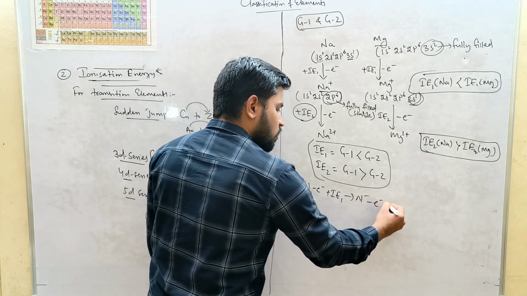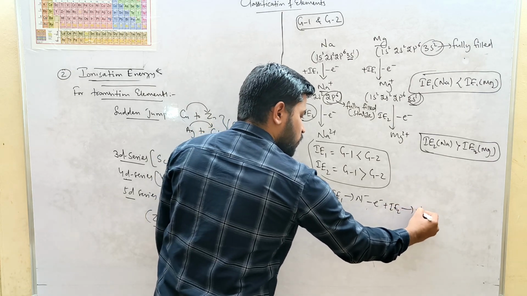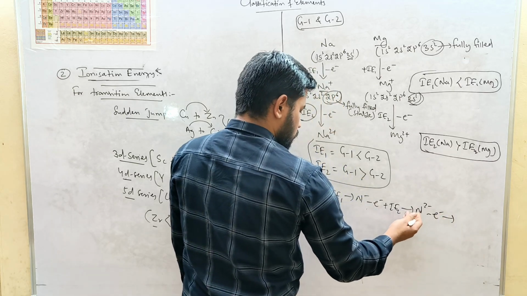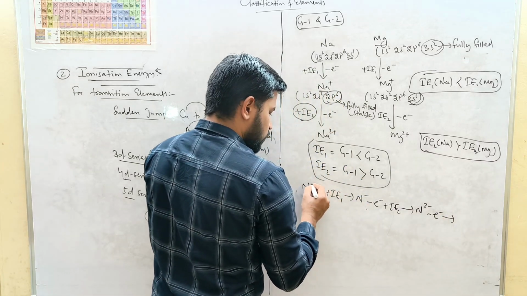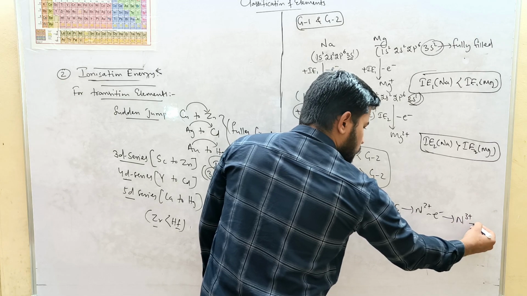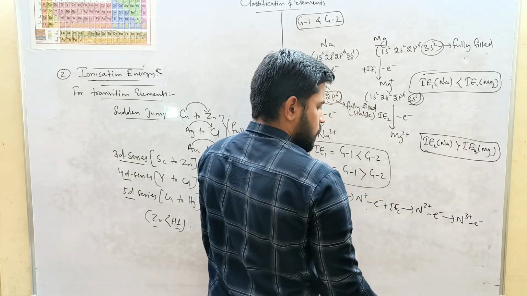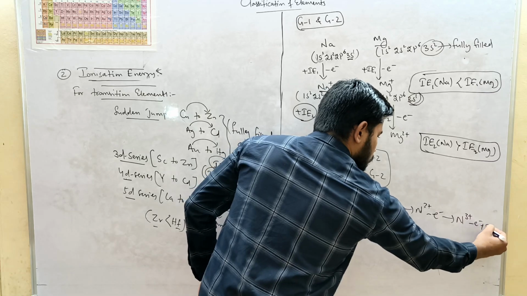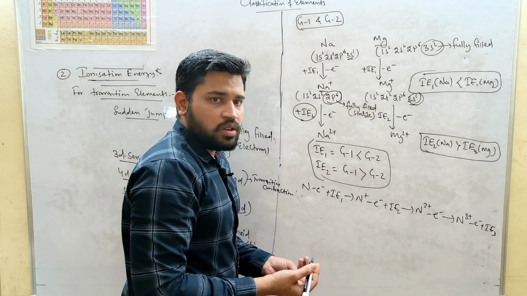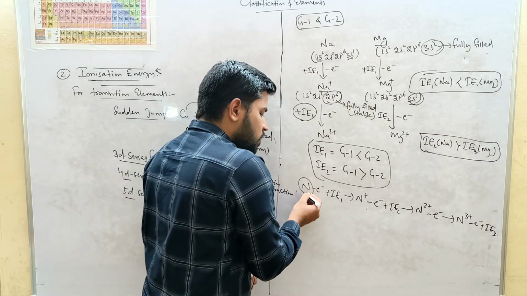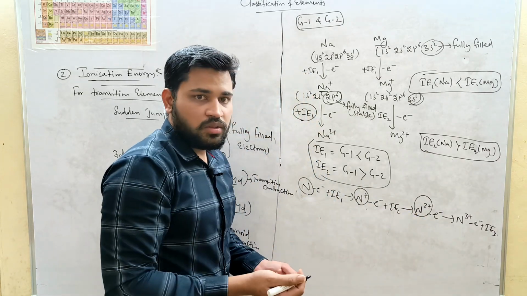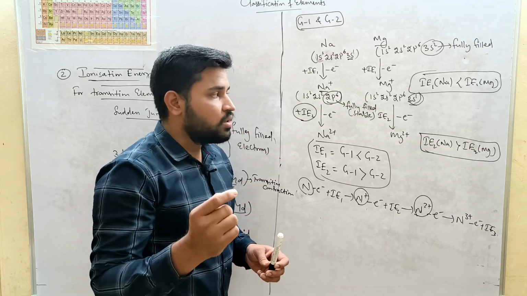If you want to remove one more electron, you have to apply second ionization energy and it will become N2 plus. Removing one more electron, it will become N3 plus, with IE3. So when you write the electronic configuration, it will become a stable electronic configuration. But we should not consider stable electronic configuration when you are removing electrons from the same element. This is an important point you have to understand.